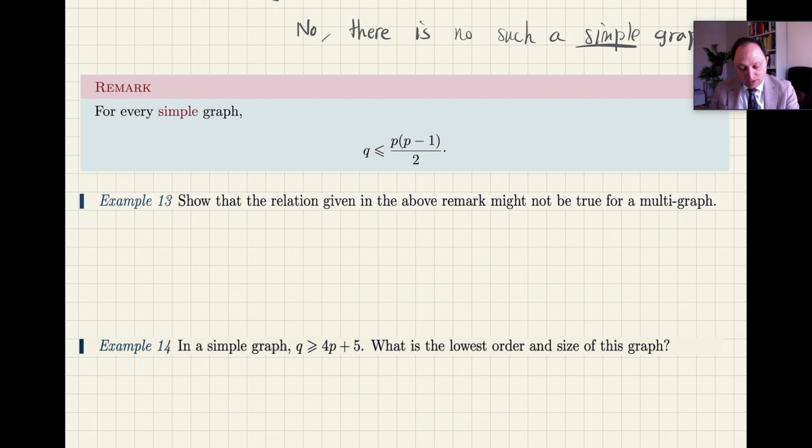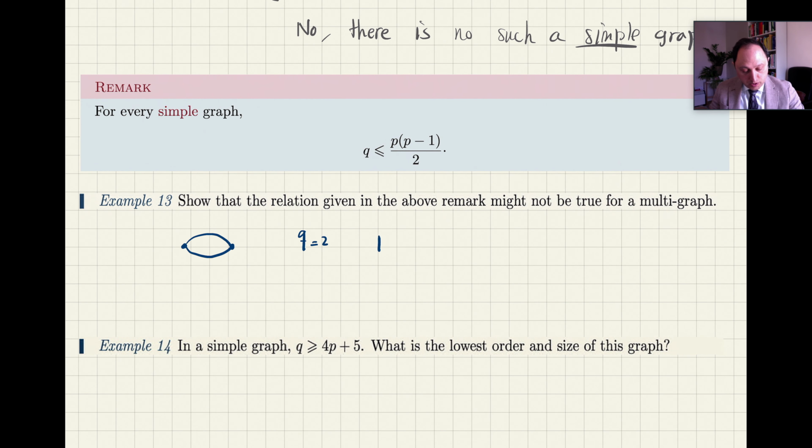Yes, and that is clear. Let us make it as simple as possible. For example, let me take 2 points only, and then if I put 2 there, it becomes 1, and then I have this one. If I ask you, is this a simple graph, you would say no, because there are more than 1 edges between these 2 vertices. And then if I ask you what is Q, you would say Q is 2 in this problem.